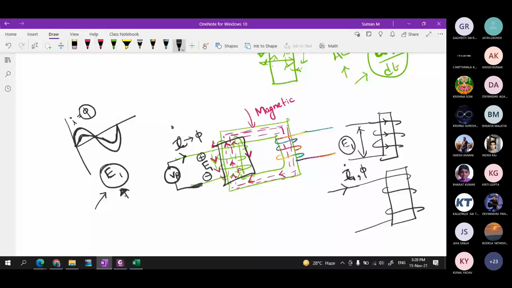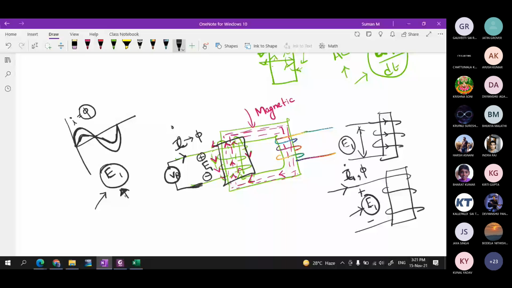So now E1 is going to be induced, that is going to have a polarity like this. How we are defining this is, in case, because of this EMF induced, if there is a current flow, that should oppose the cause.